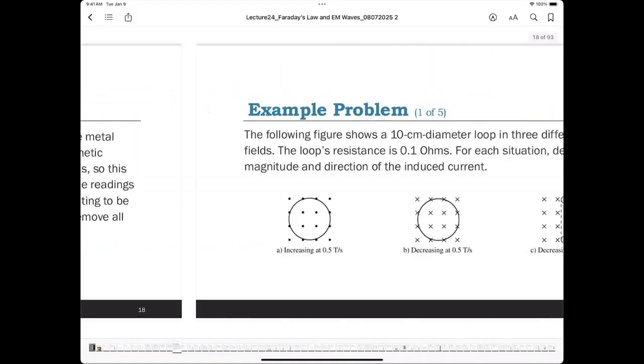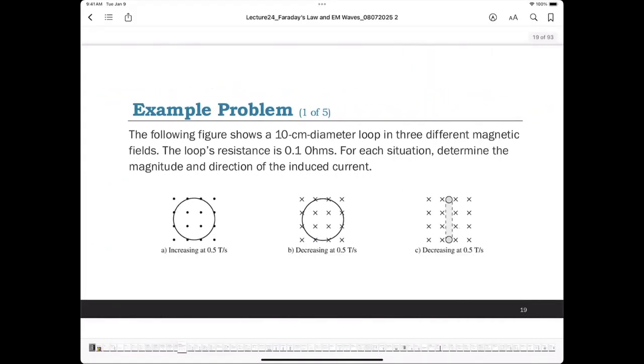Okay, let's talk about this example problem. The following figure shows a 10 centimeter diameter loop in three different magnetic fields. The loop's resistance is 0.1 ohms. For each situation, determine the magnitude and the direction of the induced current.